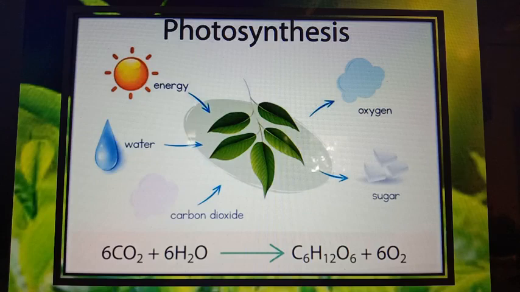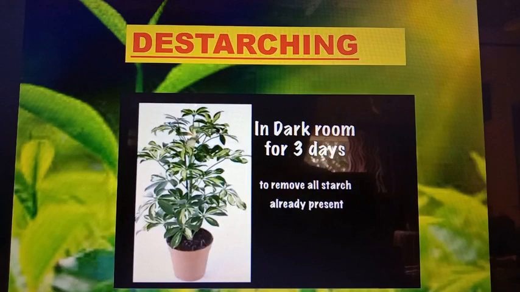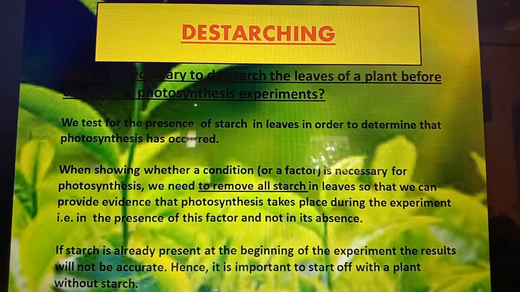Now one more thing we have to discuss, that is de-starching. In most of the photosynthesis experiments, this de-starching step is there. So what is de-starching and why is it so essential before experiments?